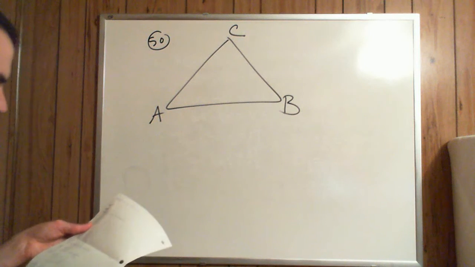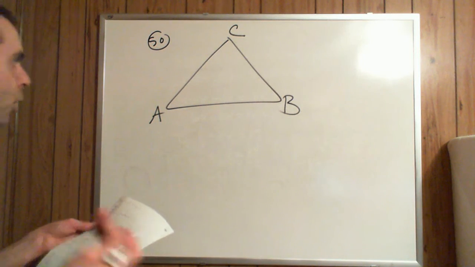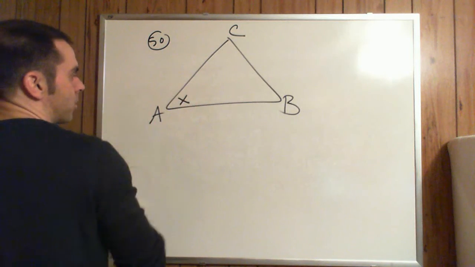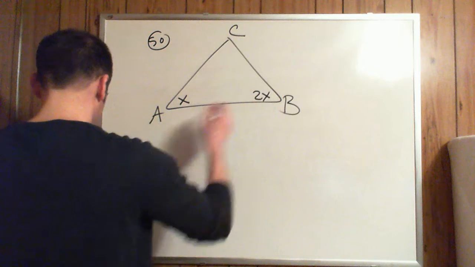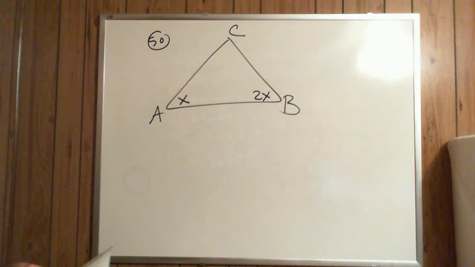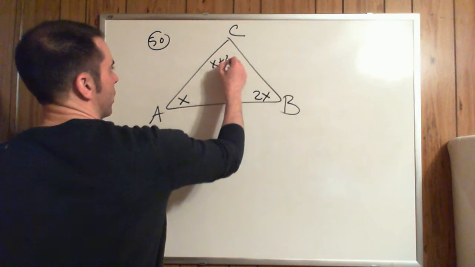And it says that angle B is twice the measure of angle A. Well, if you don't know what angle A is, we call it x. And angle B is twice that, so that's 2x. And then angle C is 20 more than angle A. 20 more than angle A means x plus 20.